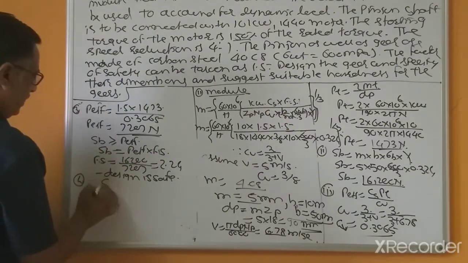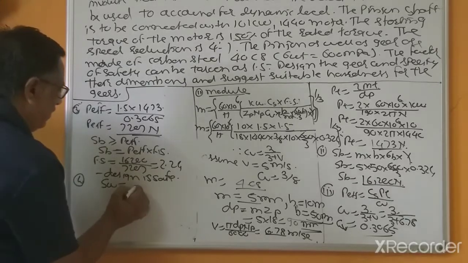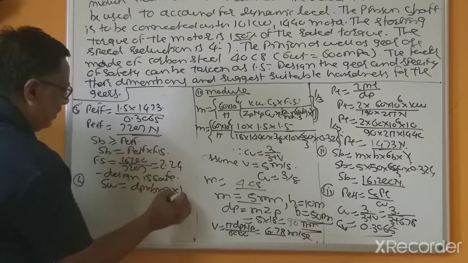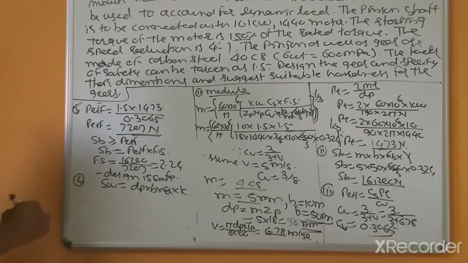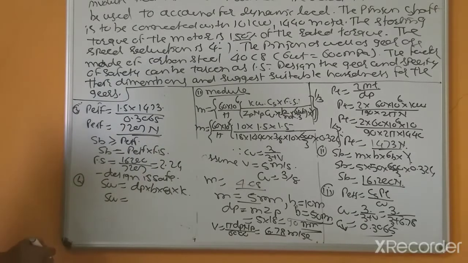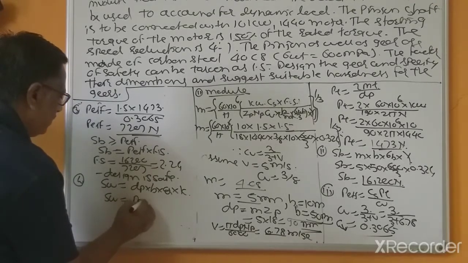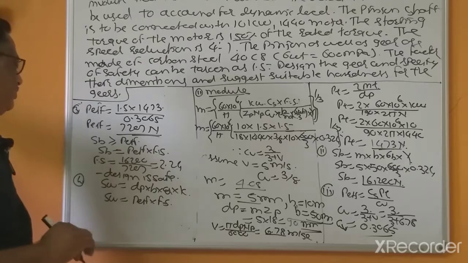Because wear strength is equal to dP B Q K. So this is the formula, and here V means wear strength. This is equal to effective load multiplied by factor of safety.